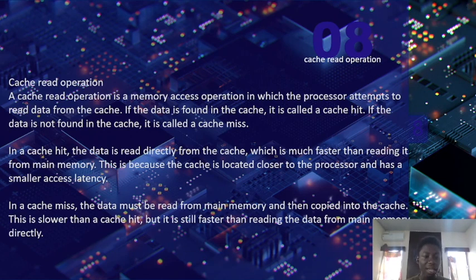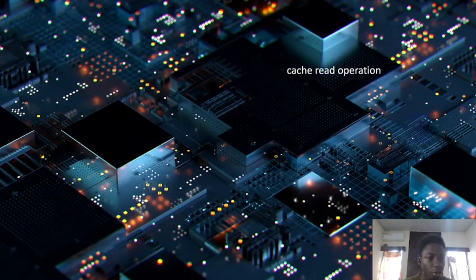So if the CPU reads from the cache and doesn't get the data it wants, that being a cache miss, it will go into the main memory, and when it finds the data it wants, it will copy it into the cache before it copies it from the cache. Even though it's longer, it's still faster than bringing it directly from main memory to the processor. So, to the next point.